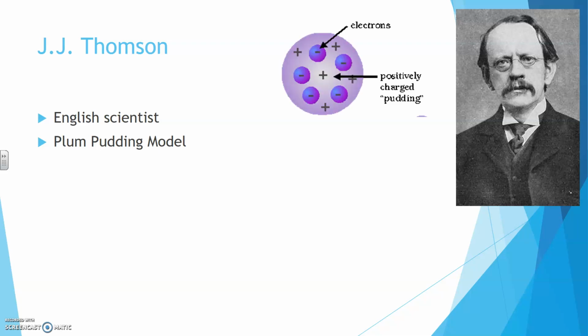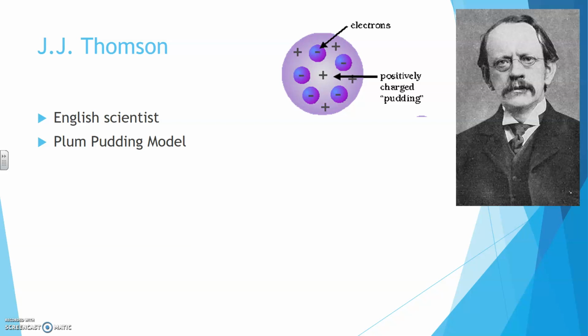Okay, so in this model, you have a positively charged sphere, which would either be the cookie part of it, or in Thomson's model, the pudding part of it. And then you have the electrons just kind of studded on that positively charged sphere.